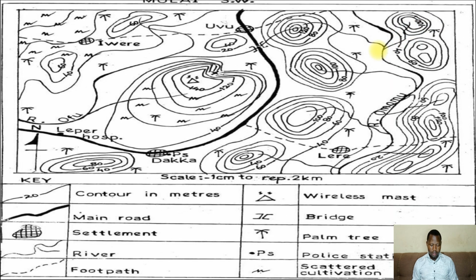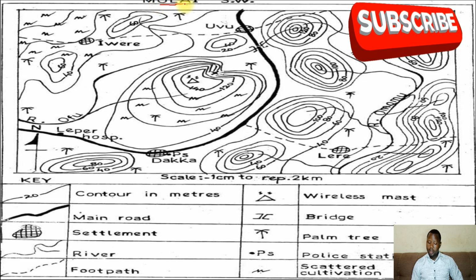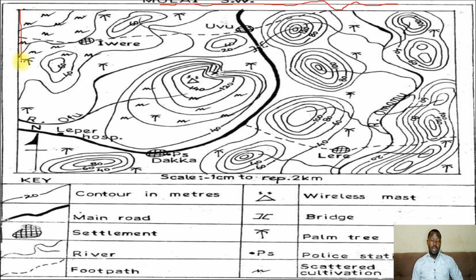So having looked at the map, please, we do not measure the map. When measuring the length and breadth of your map, we do not measure it from the outer border lines. These outer border lines are not part of your measurement area, so please take note of it. However, this is the ends of the map, and we need to measure from these areas.